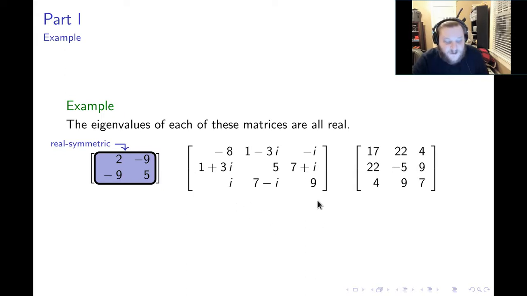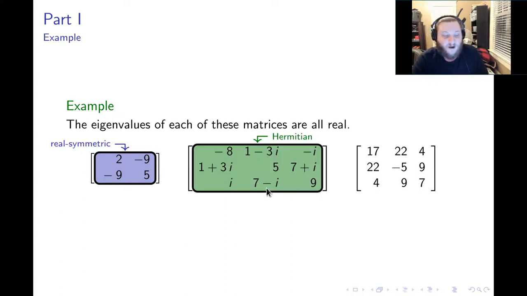And the matrix in the middle here, this one is significantly more complicated, but if we look at the off-diagonal entries, they all occur in conjugate pairs. 1 minus 3i pairs up with 1 plus 3i, negative i pairs with i, 7 plus i pairs with 7 minus i. So this matrix in the middle is a Hermitian matrix. Its conjugate transpose equals itself. Therefore, I know that whatever the eigenvalues are, they are real numbers.